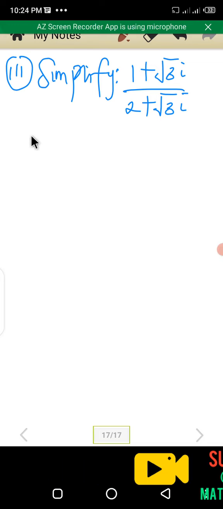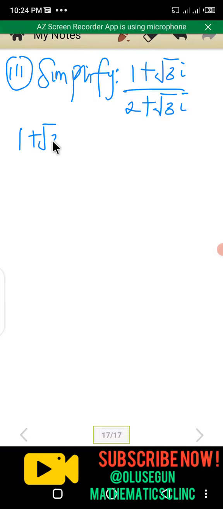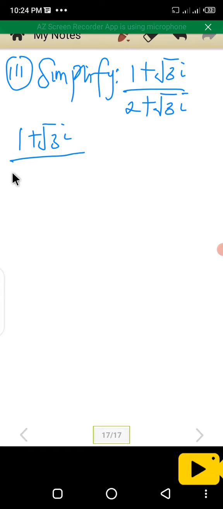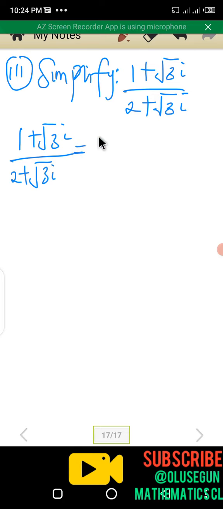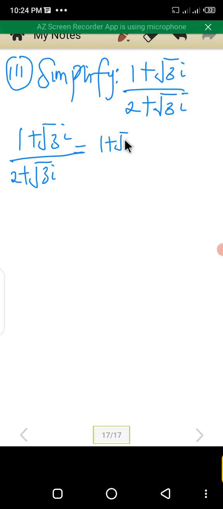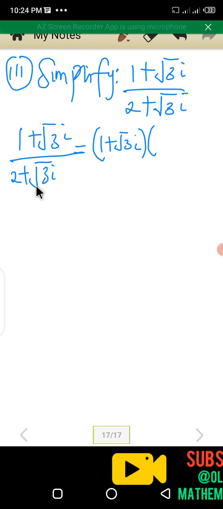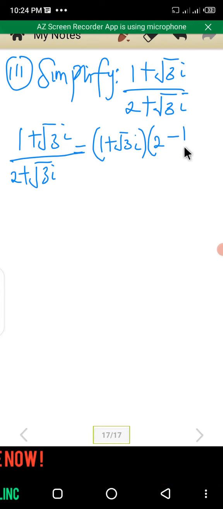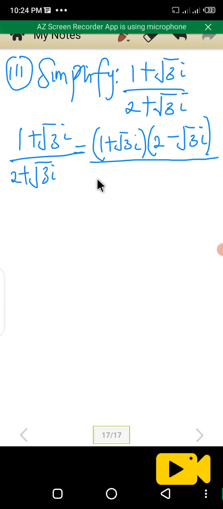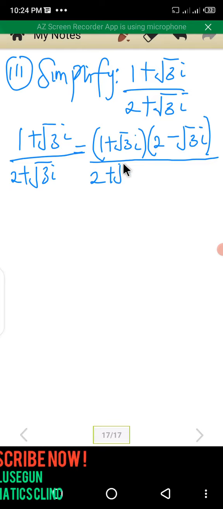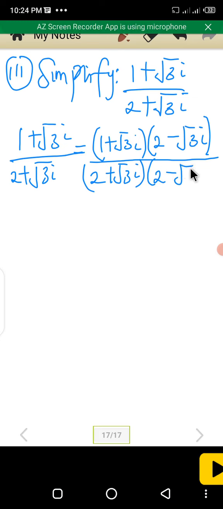If you are to solve this, 1 plus root 3i all over 2 plus root 3i will be equal to 1 plus root 3i. So you have to rationalize, multiplying by 2 minus root 3i all over 2 minus root 3i, the conjugate of 2 plus root 3i.